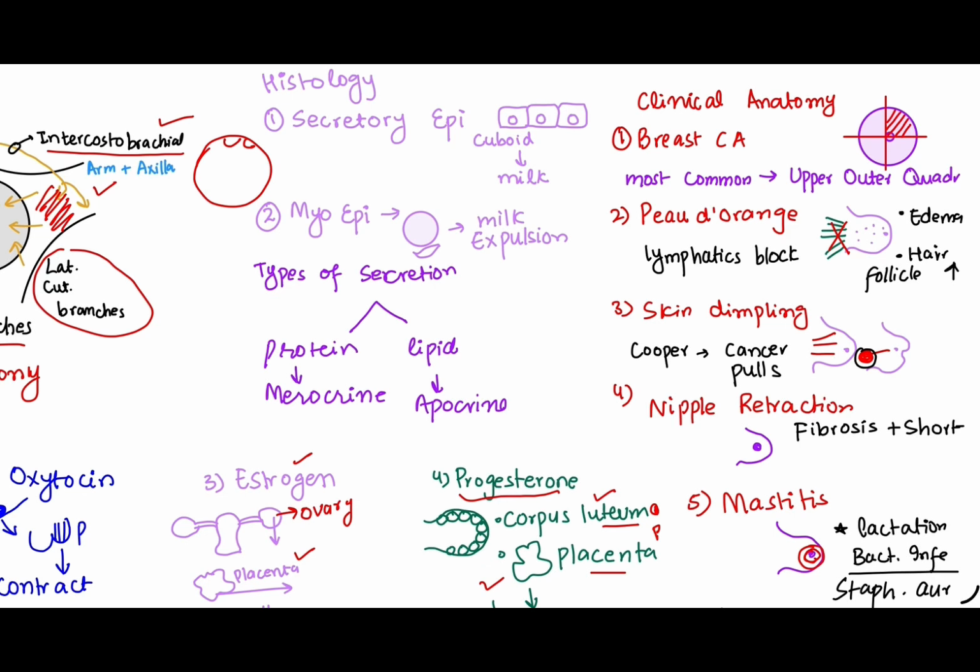And then myoepithelium, smooth muscle cells present there, they are going to do milk expulsion. And then there are two types of secretion: protein, which is merocrine secretion, and secretion that contains some fat, so lipid secretion, which is apocrine type of secretion.